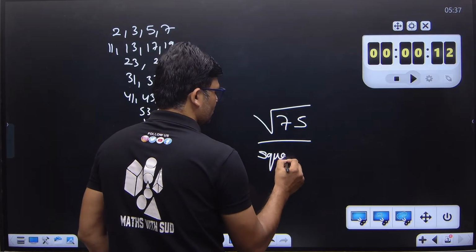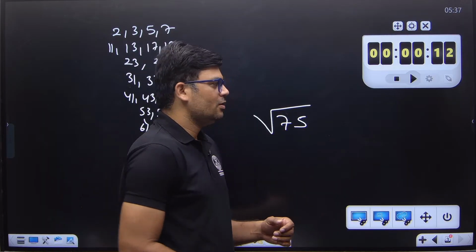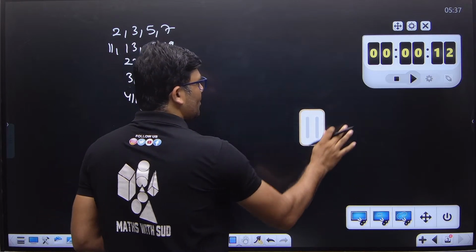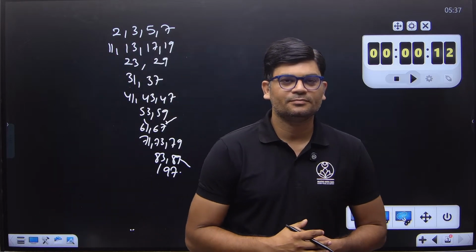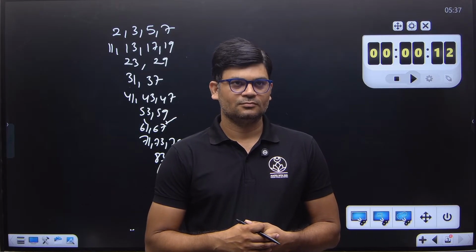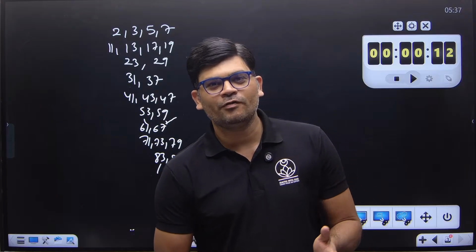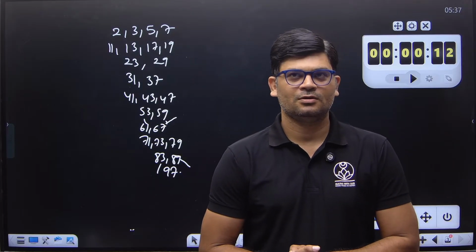Yeah, we haven't worked on square roots still. Okay, fine. So you know about squares. Up to what number do you remember the squares? Like 2 into 2, 3 into 3, 4 into 4, 5 into 5. Up to what number do you remember?